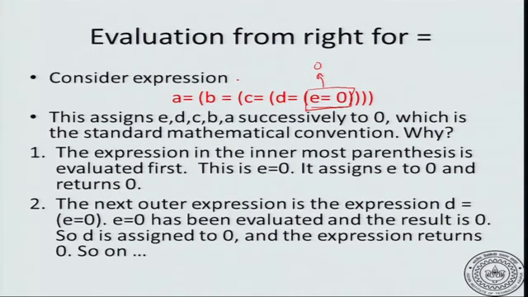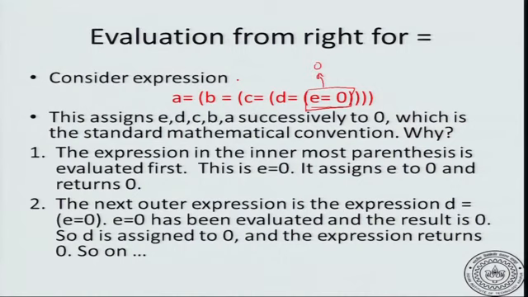So, finally, every variable here will be assigned the value 0. The reason for doing this is that if you try to do it in the opposite way, you will see that uninitialized variables are initialized to other uninitialized variables.